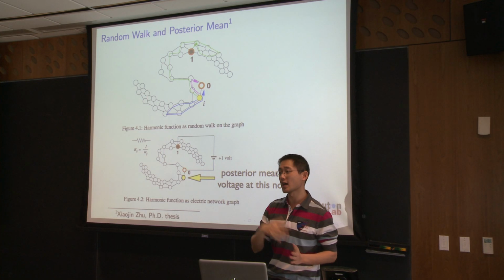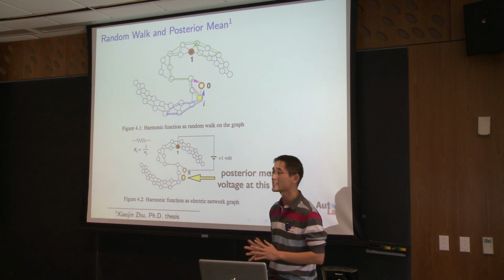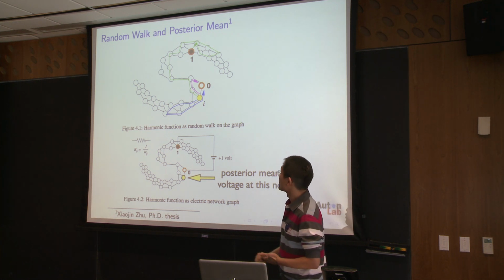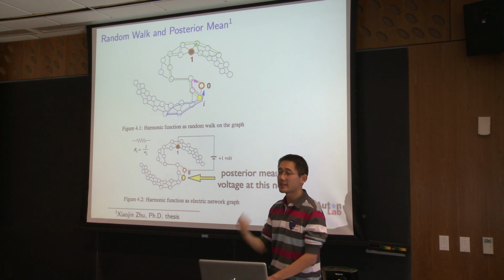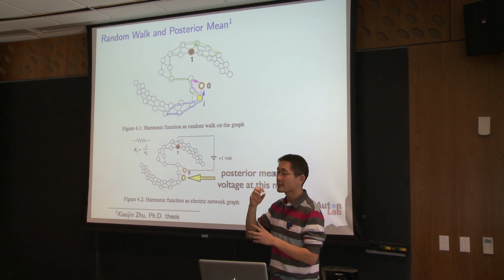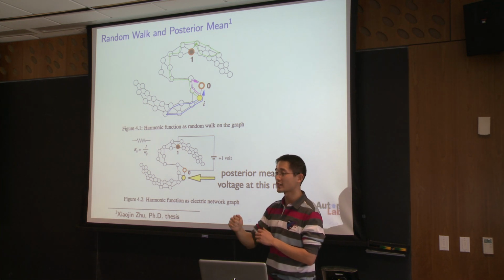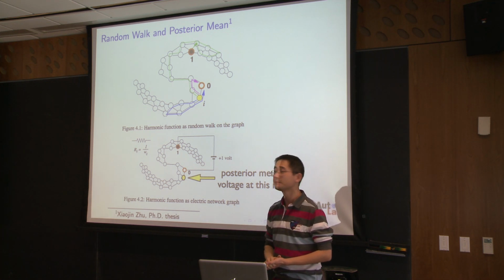As a hint, if you want to do multi-categorical classification, basically you will predict the label of the node I based on which class it has the highest chance to hit first. So that's for multiple classes, but this is only for a binary case.